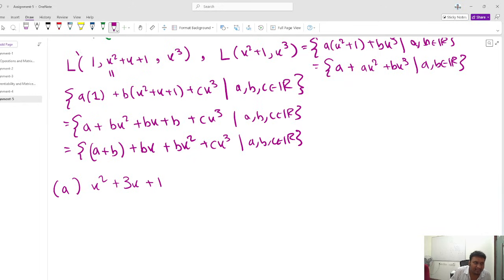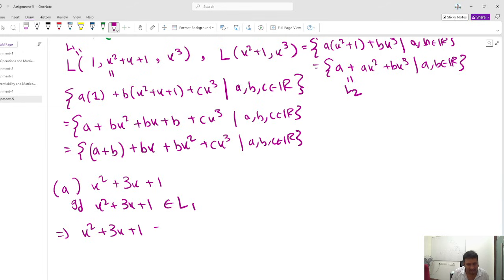Call this maybe L1 and this maybe L2. So if x^2 + 3x + 1 belongs to L1, what does it mean? x^2 + 3x + 1 equals (a + b) + bx + bx^2 + cx^3.